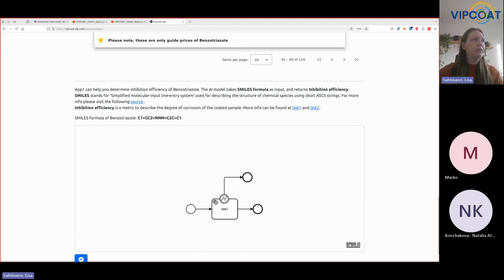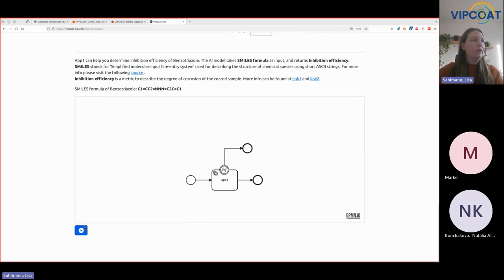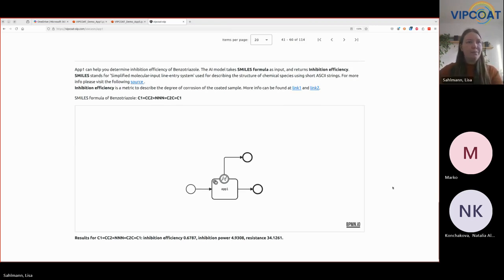So you also get the SMILES here of the molecule, and then you can run App1. And here we have the result. So in this case, we get an inhibition efficiency predicted at 67%. And that's basically how you can use App1.